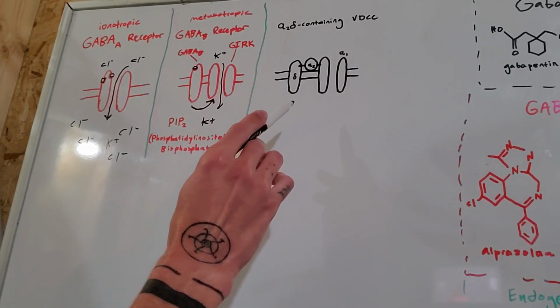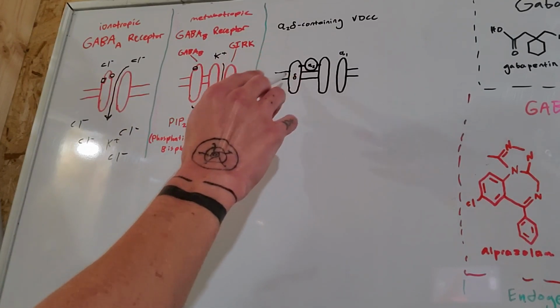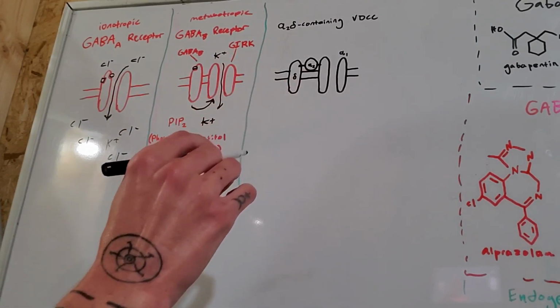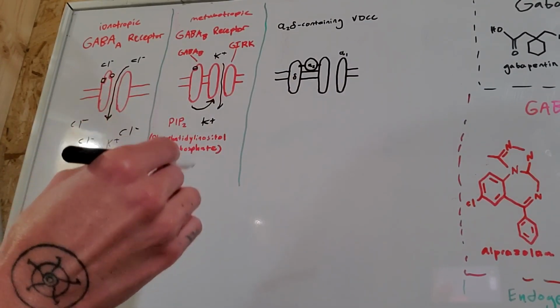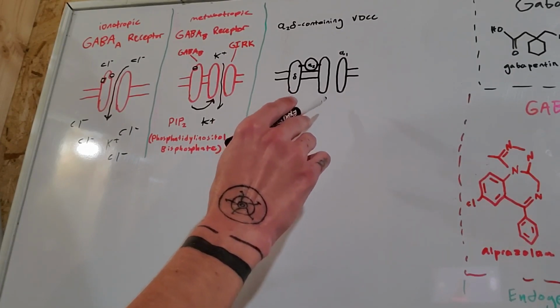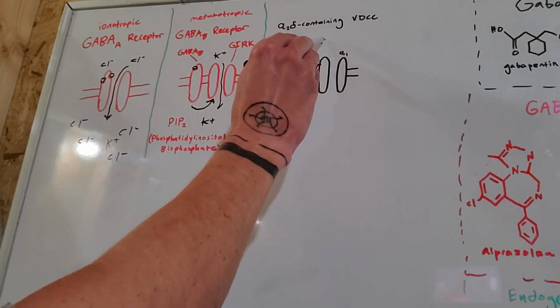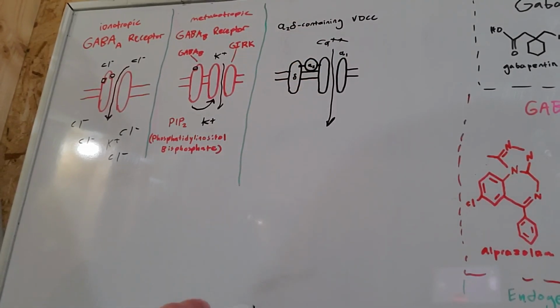So what happens is when you have a gabapentinoid bind to this subunit complex, it dampens and decreases the ability for this channel to transmit ions, in this case, calcium ions, divalent calcium ions.